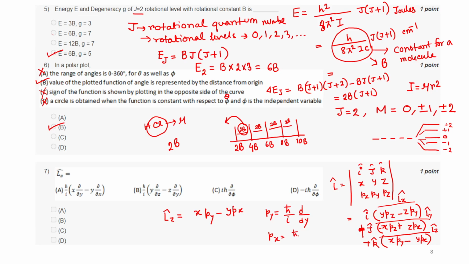Px is h cross by i d by dx. So we'll just put them. So h cross by i will be common. So x into del by del y, then minus y del by del x. See, the first option is correct.